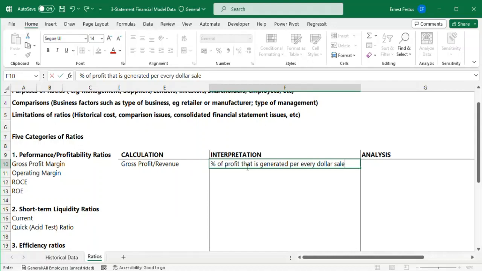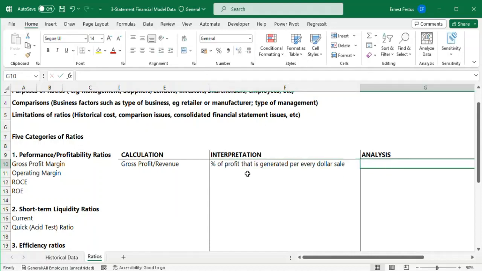So that is what the gross profit margin calculates. How much profit do we make on every dollar of sale or revenue? That is what the gross profit margin indicates.